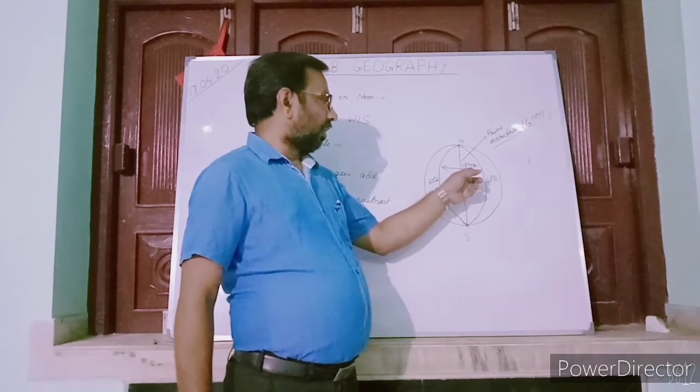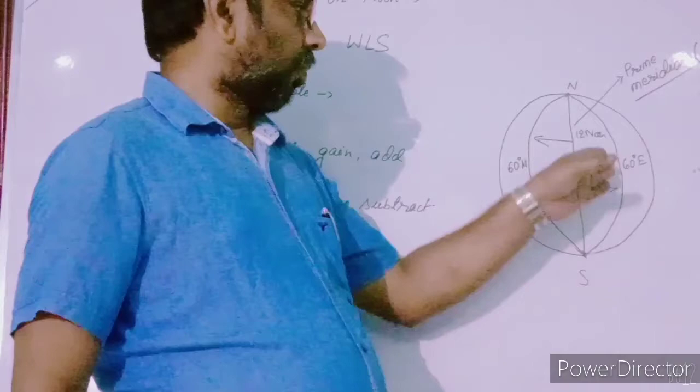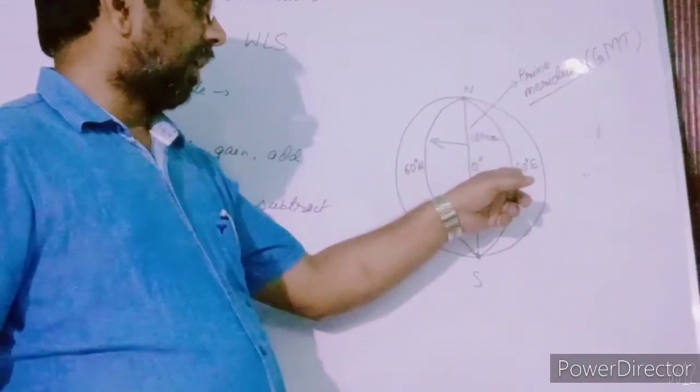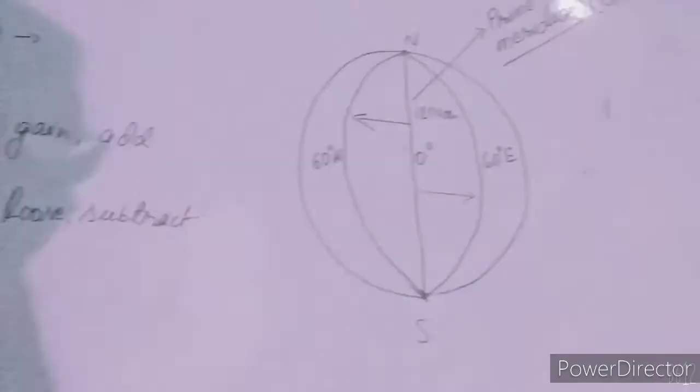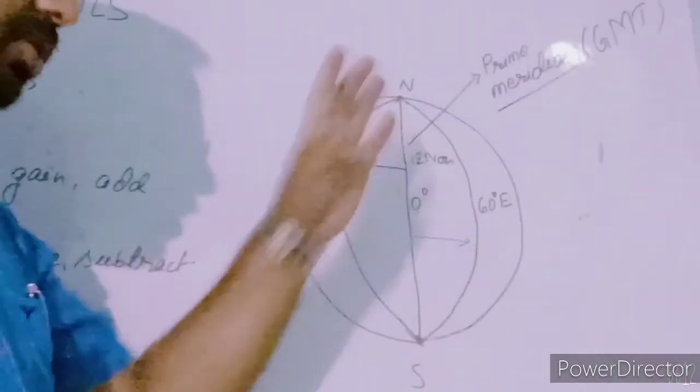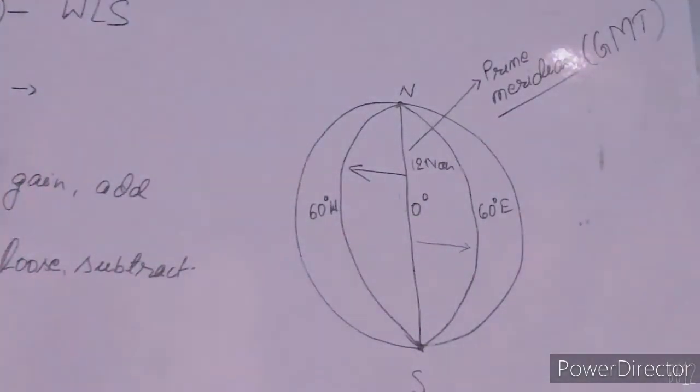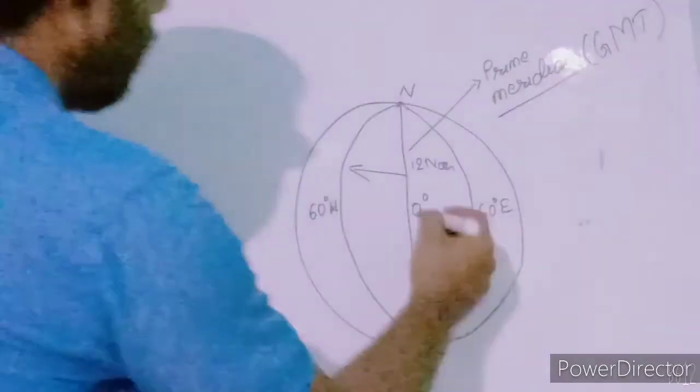Then our question is, what will be the time at 60 degree eastern longitude, while the time at the prime meridian Greenwich is 12 noon? So what are we seeing? This difference is of 60 degrees.